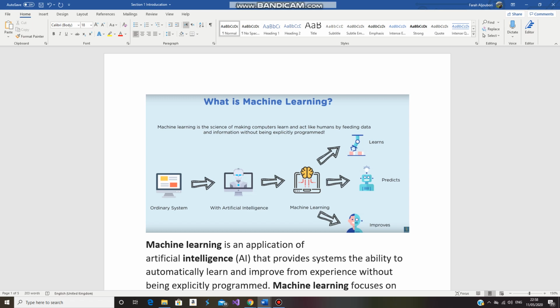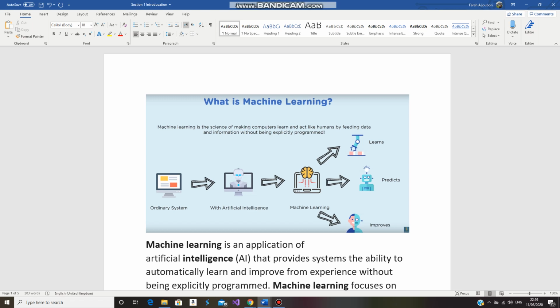When I feed data and information to the machine, let's imagine ourselves as humans. How do we act? We need to eat some food to have energy to act. The computer is the same: to act smarter, it needs to be fed more data.